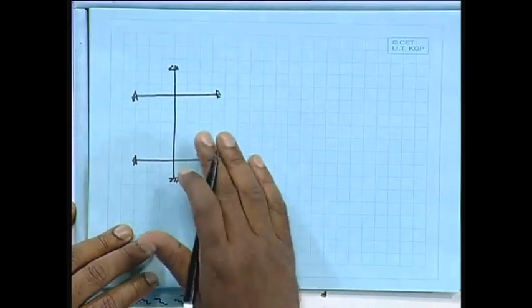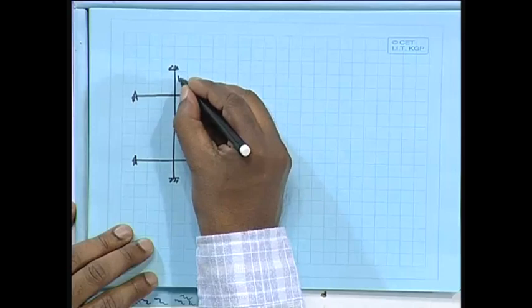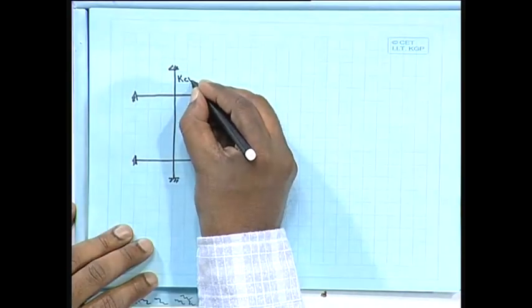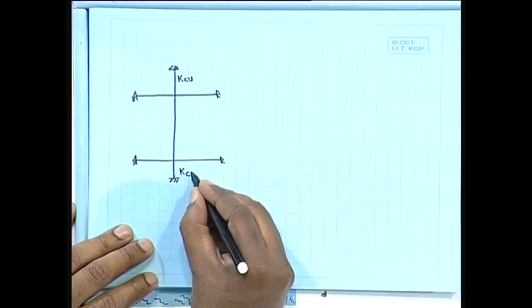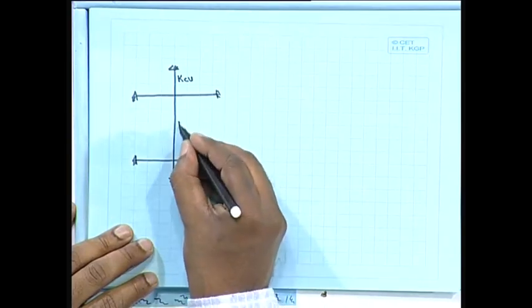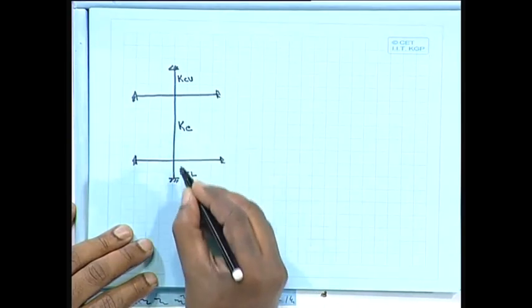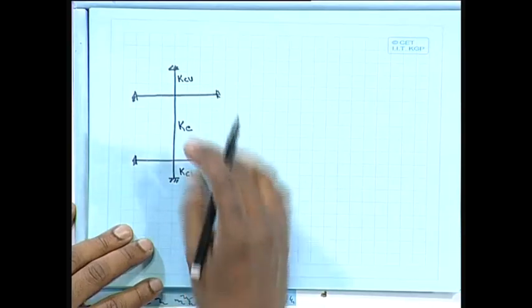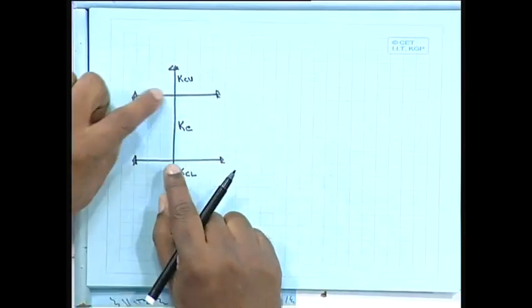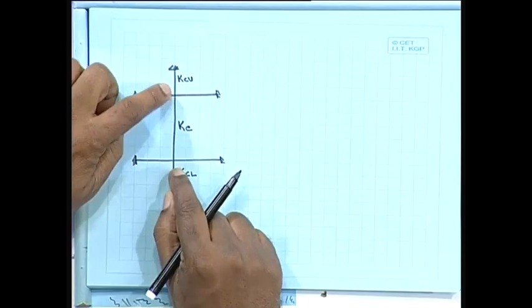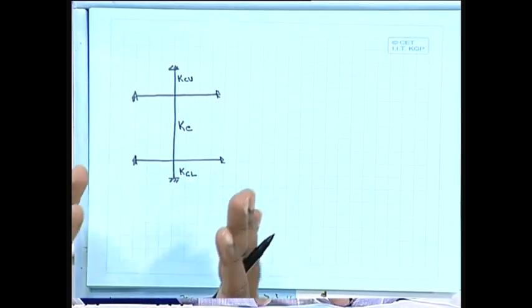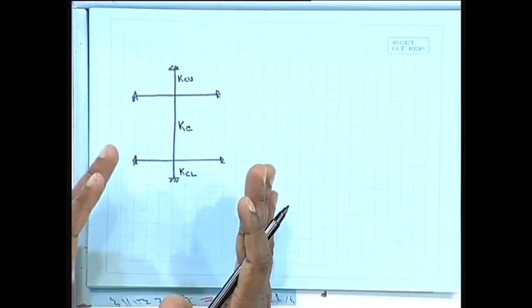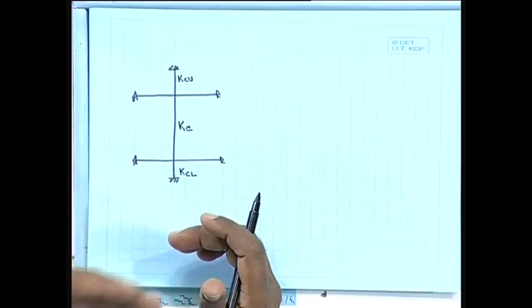Let us say the column stiffness at the top is KCU, and the column stiffness at the lower one is KCL. This is the actual column we are considering, and we have to find out its effective length. We have certain members at the top and at the bottom, because we have taken a part of the building frame in one plane only.